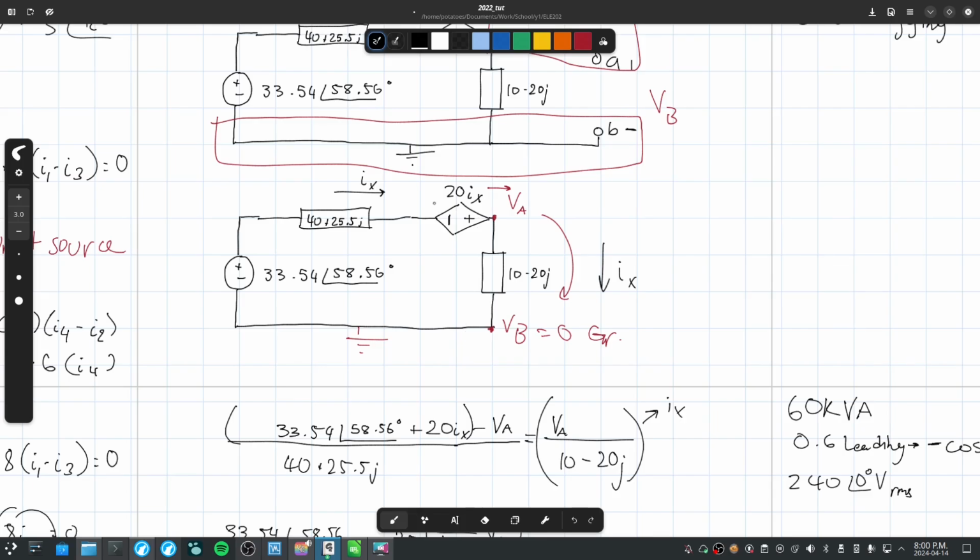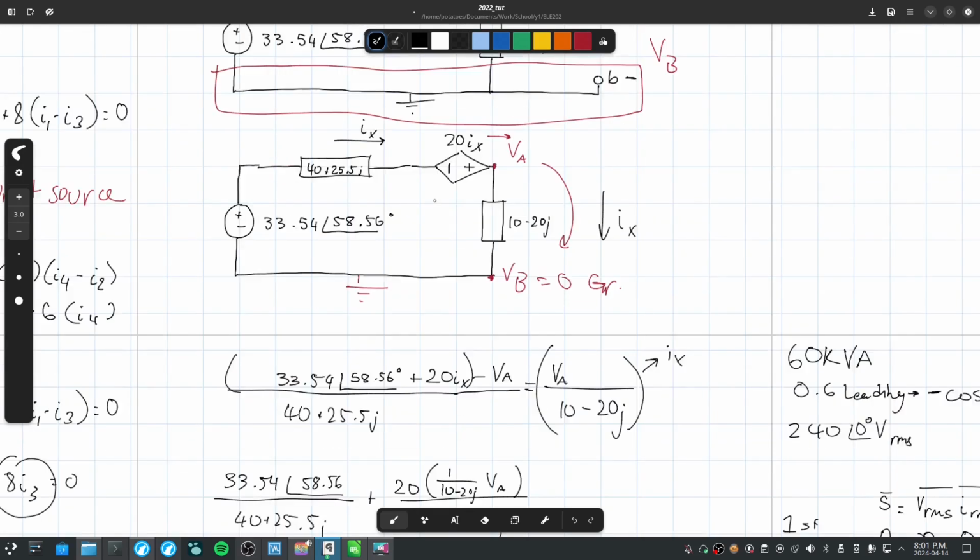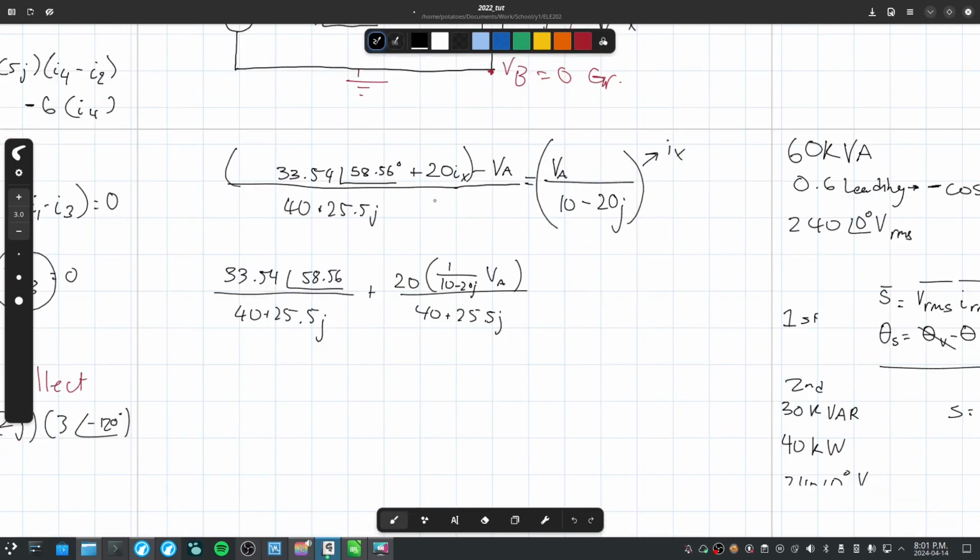So the current at any point in the circuit is the same current everywhere along the circuit. So that minus 1 over 40 plus 25.5j VA is equal to 1 over 10 minus 20j VA. It's a bit of a long equation.